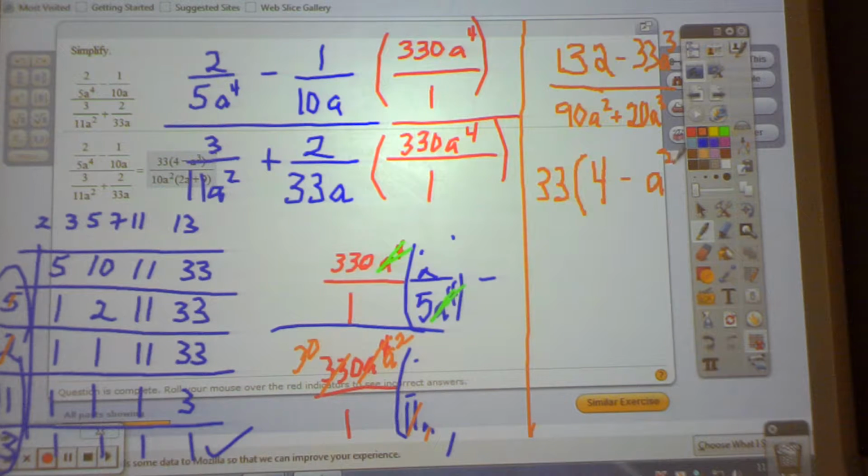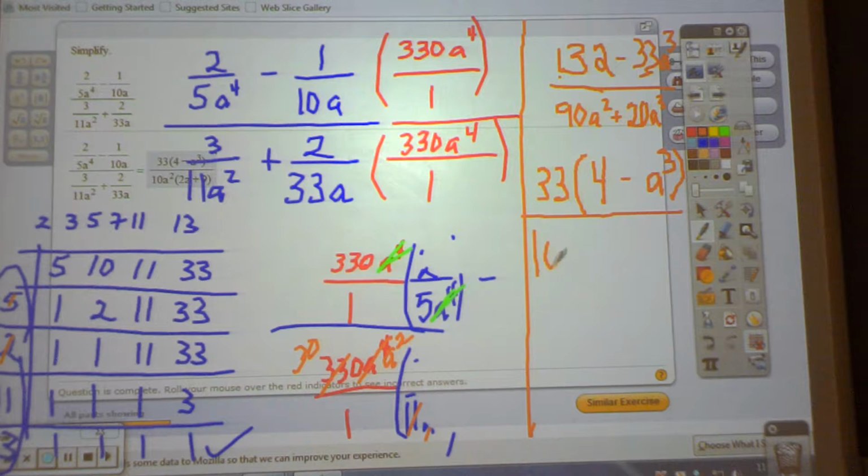Wait, I divided 132 by 33 and got 4, so why is it 33 on the outside? I factored out 33. I'm factoring out what's in common, a 33 here and a 33 here. Oh, gotcha. I thought I was doing something wrong.